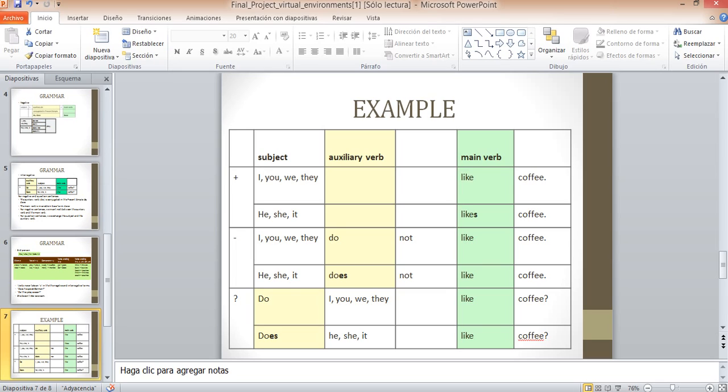For example, here we see the affirmative sentence, there the negative, and there the interrogative, with the different rules applied in the square to understand better.